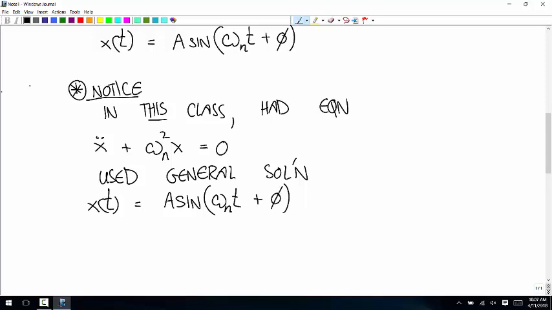But that's equivalent to another form of the general solution.